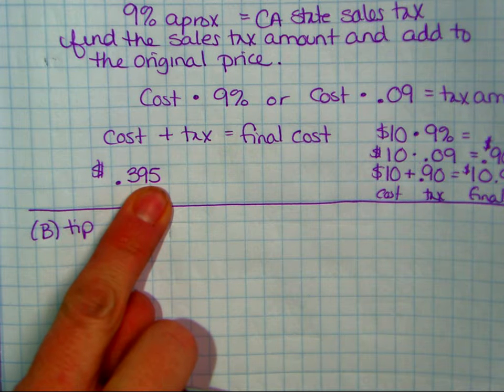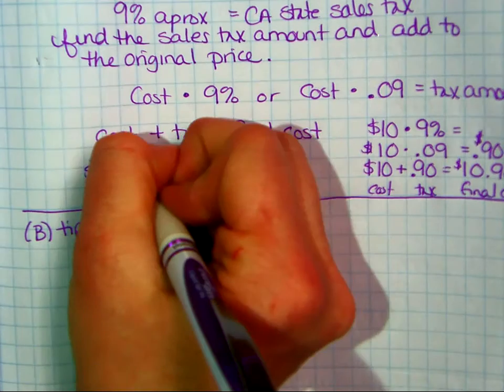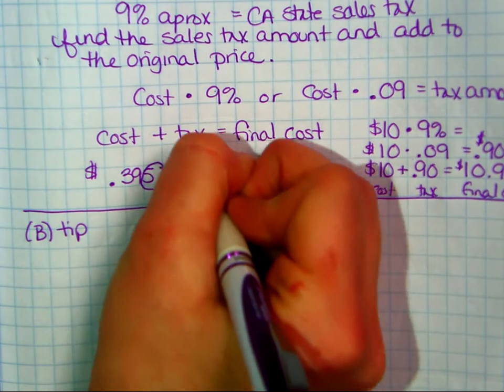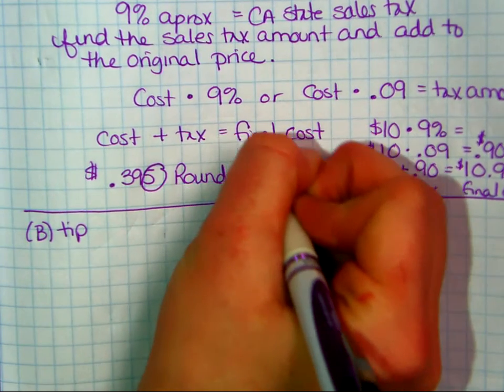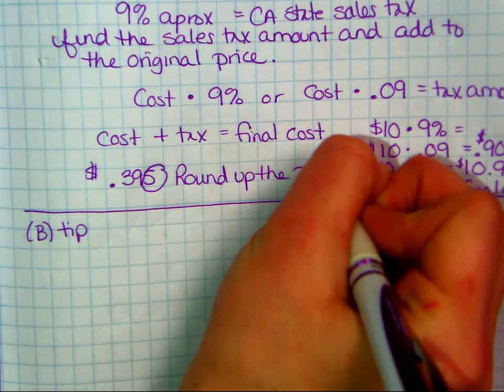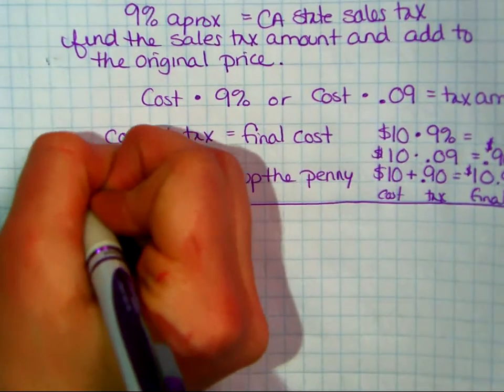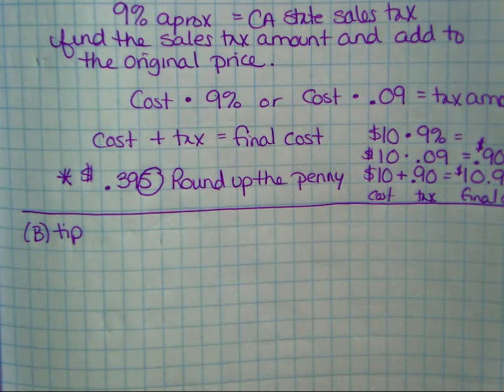Proper money has 2 digits after the decimal point. So you would then round up to the next penny. When you get problems like that, round up to the penny.